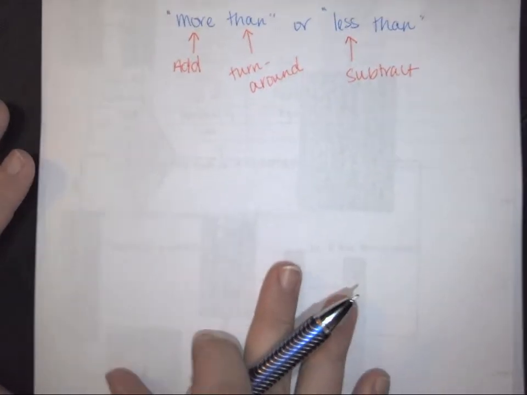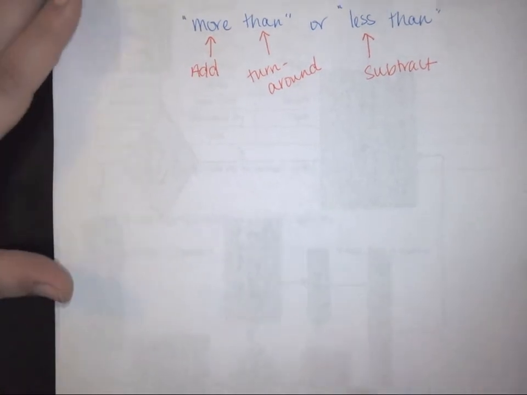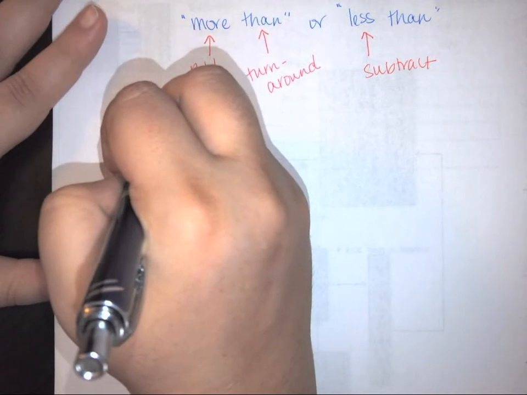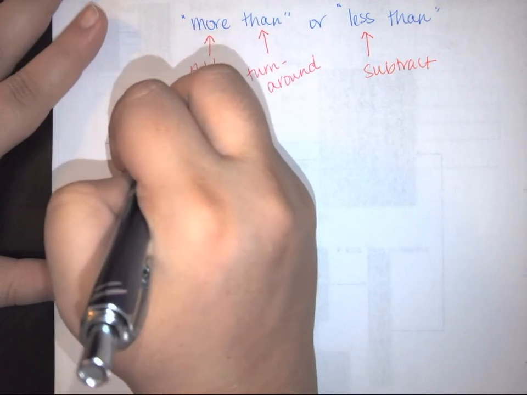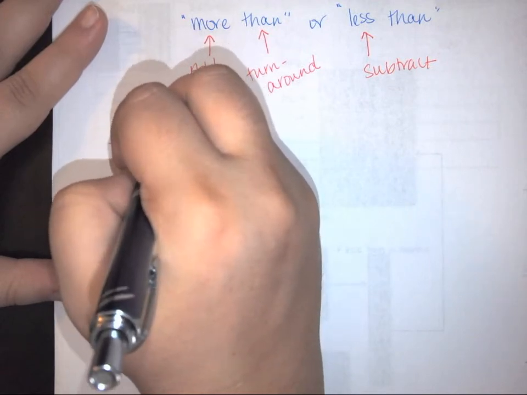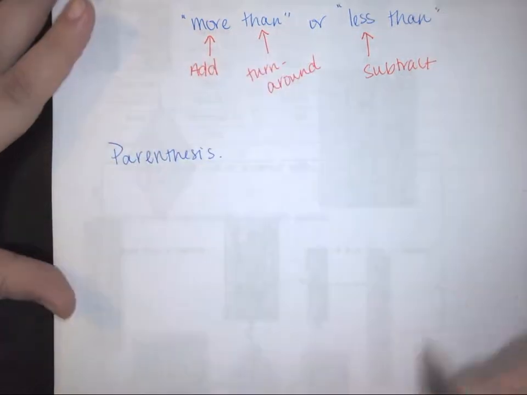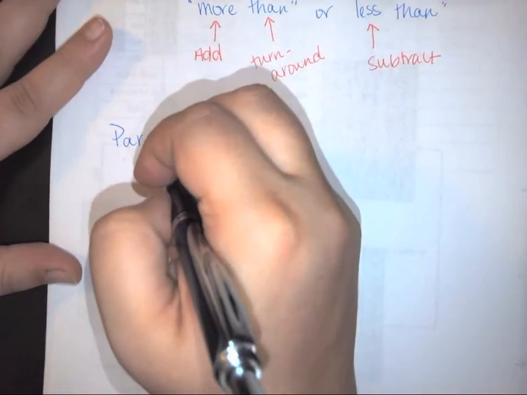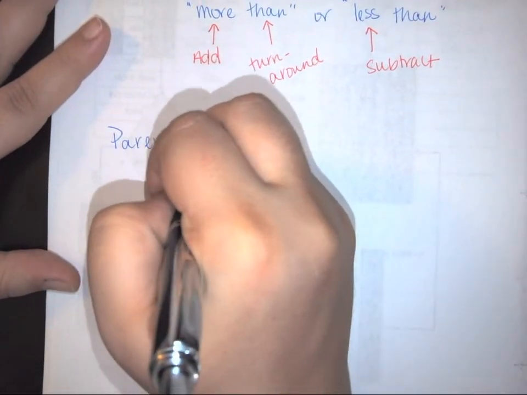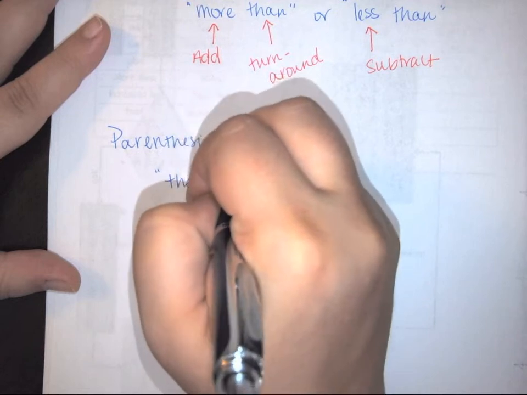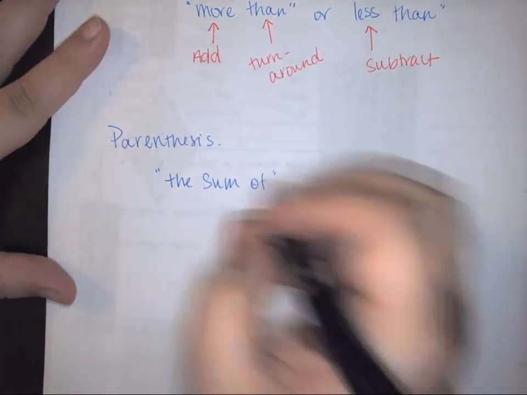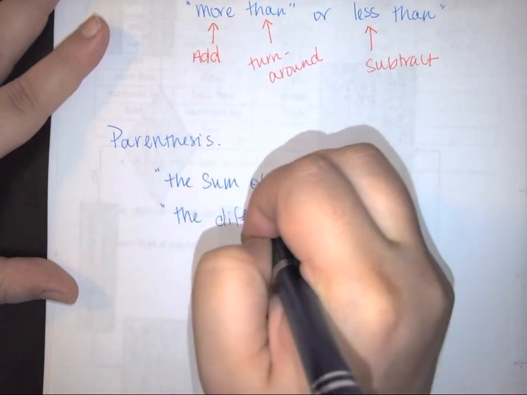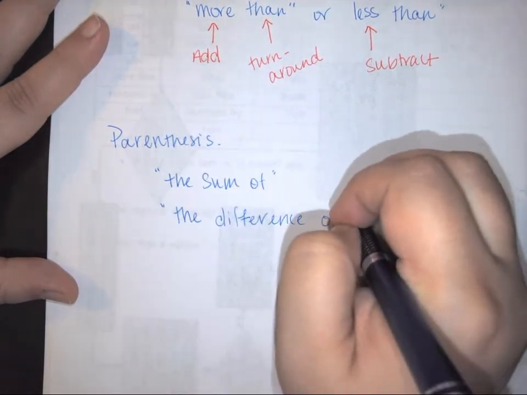Now, the other key or big time phrase that we have is ones that mean parentheses. Okay, there we're looking at things that say the sum of or the difference of.